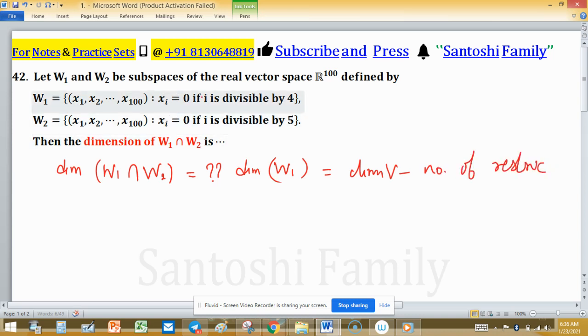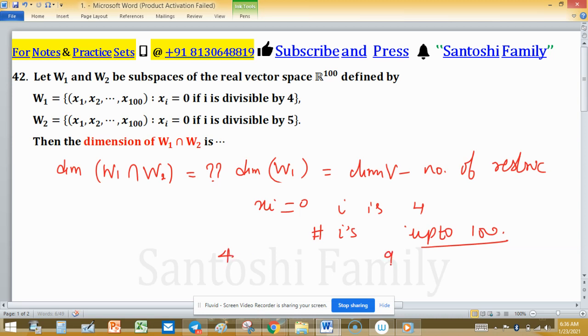And how many restrictions? As x_i equal to 0 when i is divisible by 4. So how many i are there, up to 100? The least i will be 4 and the largest one will be 96.